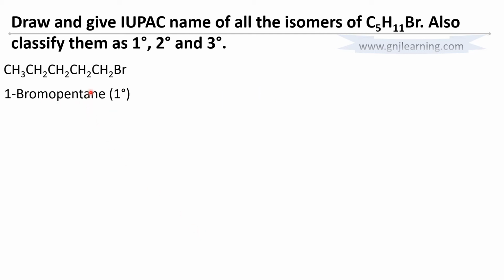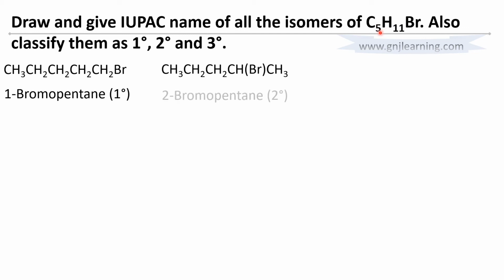So if we are considering only the straight chain of 5 carbon atoms, what are the isomers that are possible? Bromine might change position, right? Here bromine is on the first carbon. Let's assume that bromine changes its position to the second one. So bromine has changed its position from 1 to 2. This is another isomer having the same molecular formula, isn't it?